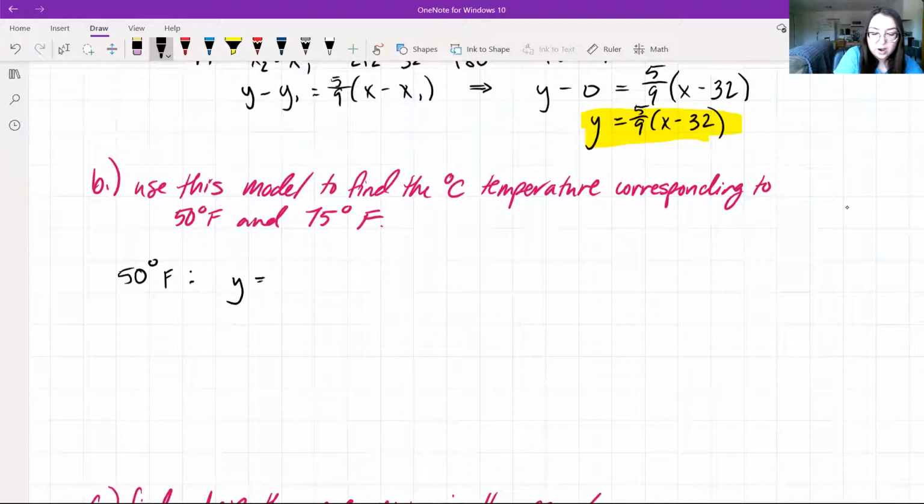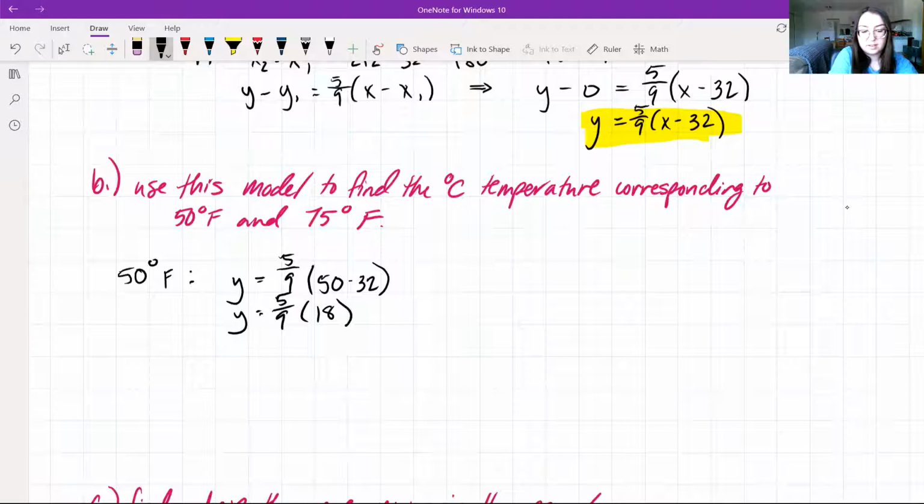So we're going to get y is equal to 5 divided by 9 times 50 minus 32. So 50 minus 32 is going to be 18.